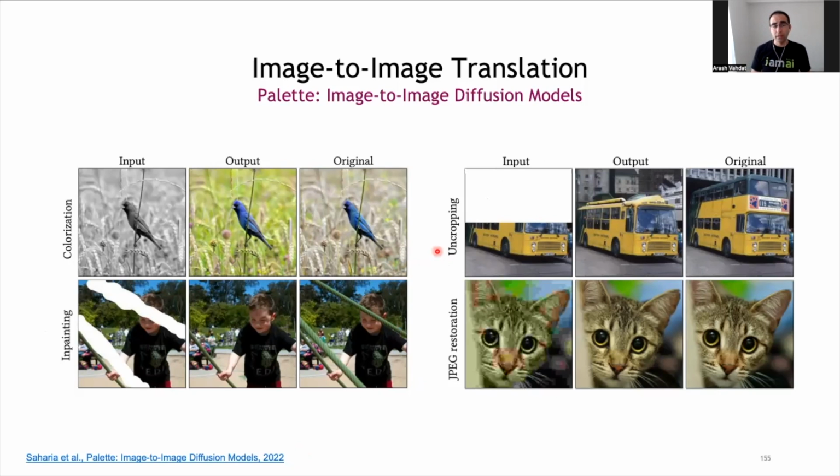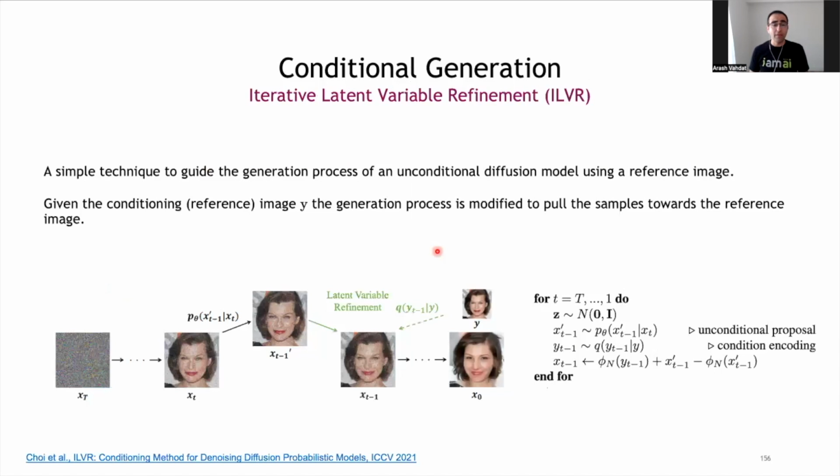We should have in mind that this particular paper assumes that you have access to pairs of input and output data. So they're training a conditional model, assuming that we have the input image and the output image that we want to generate. If we don't make that assumption, what we can do is potentially take an unconditional model that is trained on, for example, natural images, and modify it for a particular task.